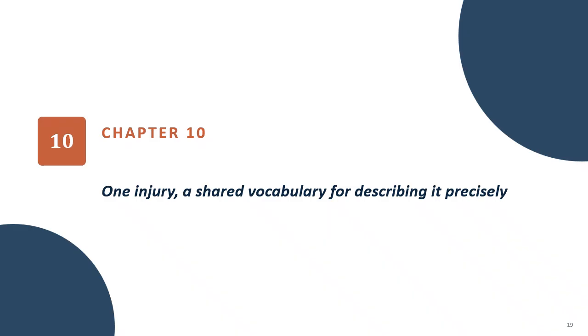The words transverse, oblique, spiral, comminuted, impacted, and avulsed are not interchangeable terms. Each of those terms, as you look through the chapter, tells you a specific type of fracture or a specific type of fracture line, and also sometimes it can tell us the relationship of the fragments of that fracture.